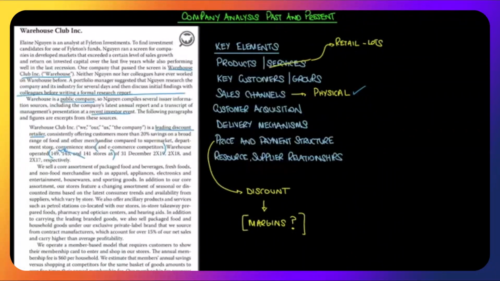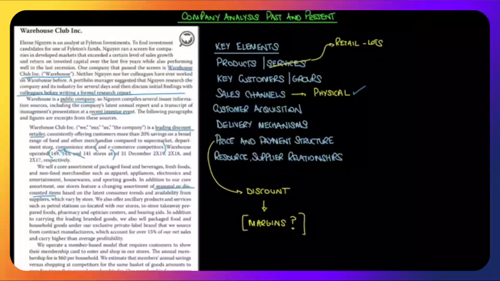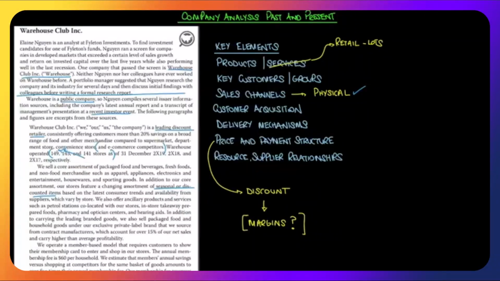In addition to our core assortment, our stores feature a changing assortment of seasonal or discounted items. I can picture Warehouse Club now. This is when you walk in the day after Christmas and they have 3 aisles dedicated to Valentine's Day. Based on the latest consumer trends or the latest trends that we want consumers to be into, and availability from suppliers which vary by store.